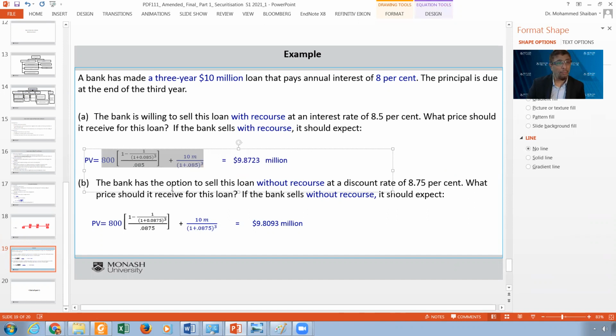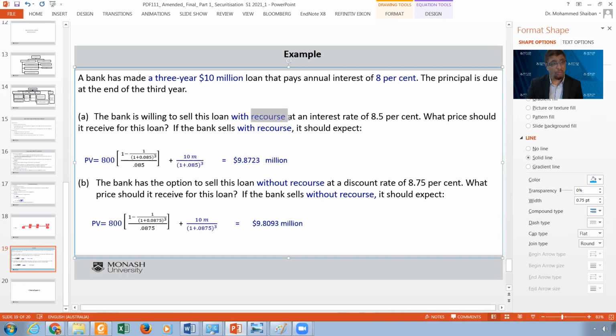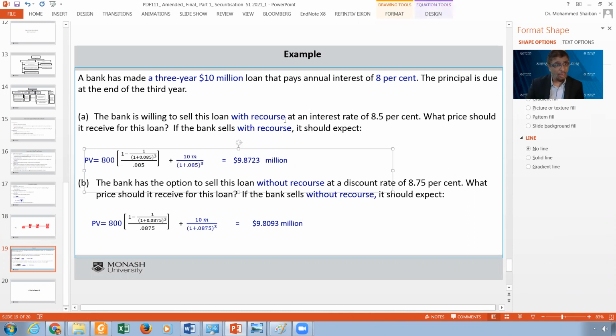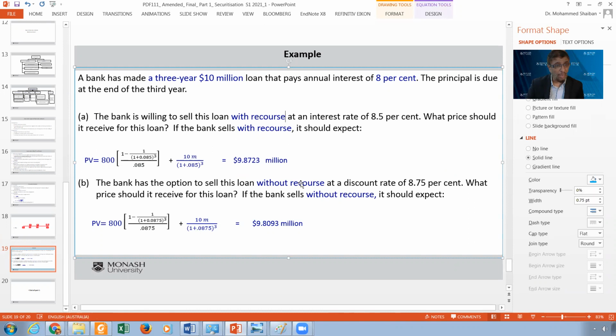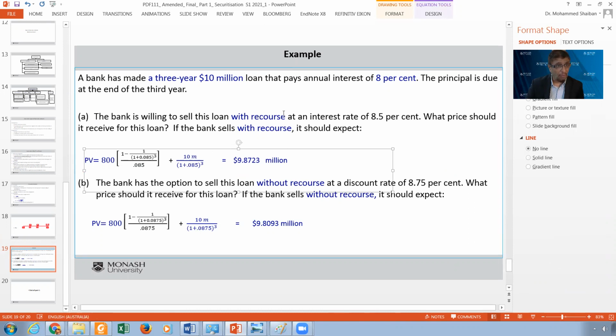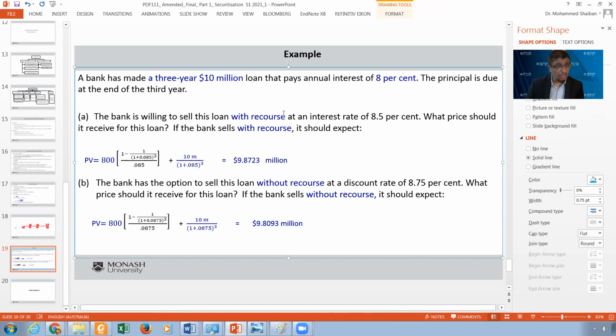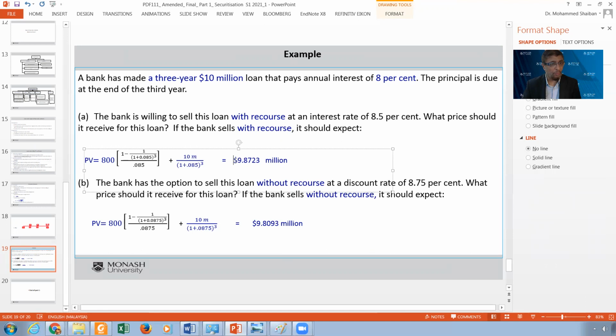Now, there is something called selling with recourse. I remind you, selling with recourse or selling without recourse. This is participation, and this is assignment arrangements. When we talk about participations, the originator is still responsible for the credit risk, and therefore they will sell the loan more expensive, because they will be responsible for the credit risk.